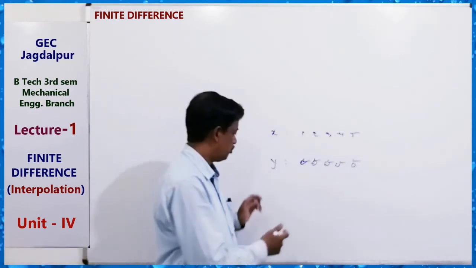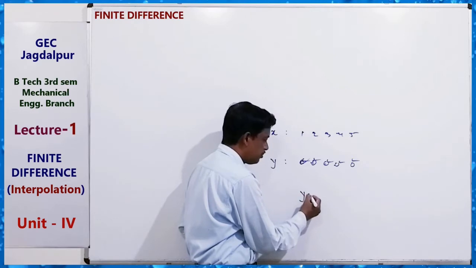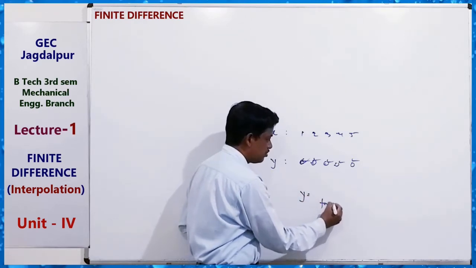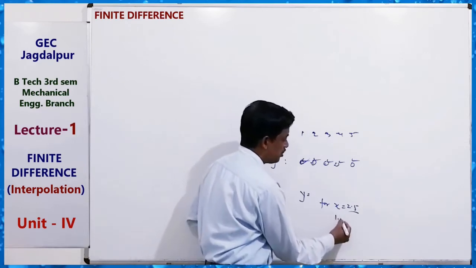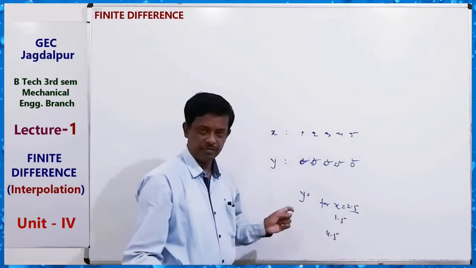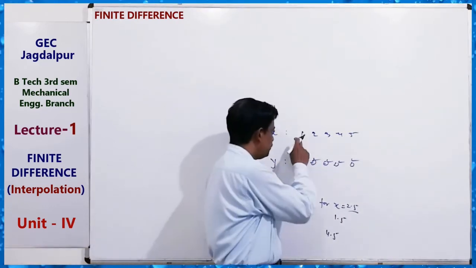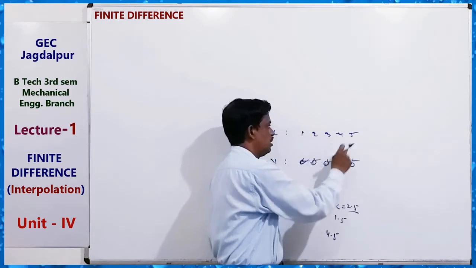So what will be the value for x equals 2.5 or 1.5 or 4.5? That means within this range from 1 to 5, except these points.